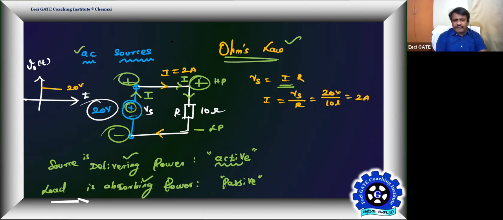Therefore, if you plot the current waveform against time, the current I of t in the circuit is also going to be a constant of 2 amps. So a constant 20 volt delivering constant 2 amps current, resulting in constant delivery of power from source to the load. Agree everyone? Yes or no? Sir.